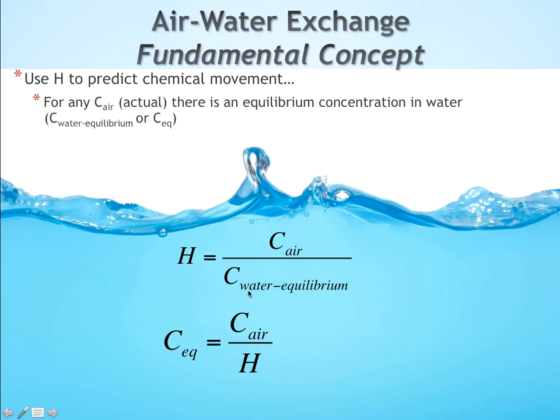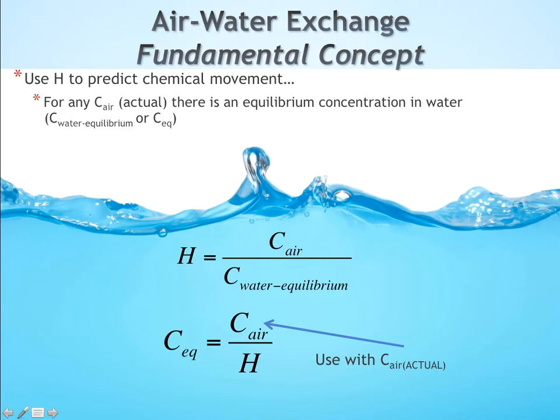This is the basic Henry's law equation, but now we're using the measured amount in the air to estimate the amount in the water at equilibrium based on this concentration. So we just rearrange this equation, and here I'm using the CEQ instead of C of water at equilibrium. And we estimate that using the concentration of the chemical in the air and the unitless Henry's law constant.